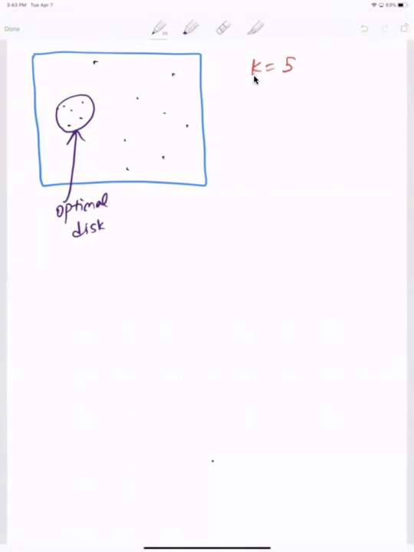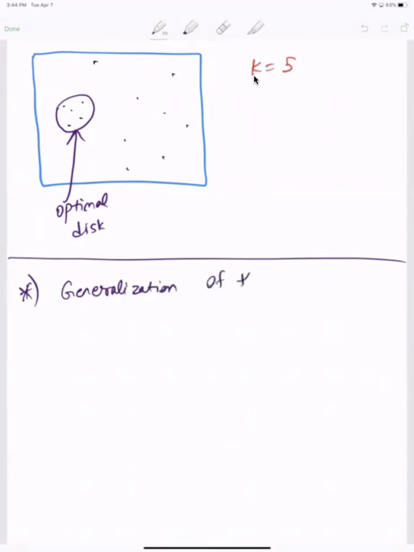There are some points I want to make before we start into the algorithm description. This k-enclosing disk problem can be thought of as a generalization of the closest pair problem.